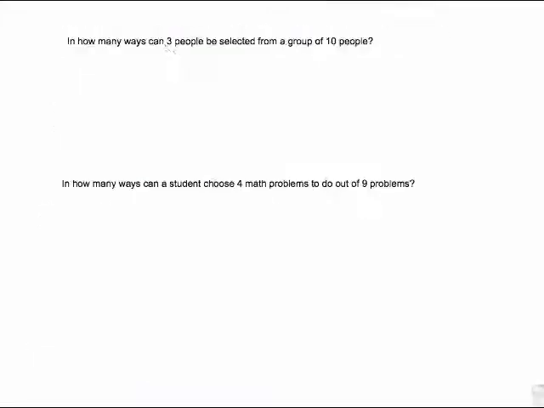So let's look at a couple examples, and you can use your calculator to see if you can find these buttons. So how many ways can 3 people be selected from a group of 10 people? That is 10 people. I'm choosing 3 at a time. This is going to be 10, math, PRB. Go down to your third selection, which is nCr, and type in the 3, and that is 120. Same setup for this.